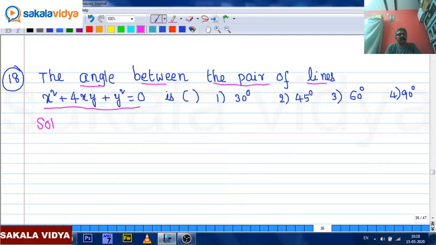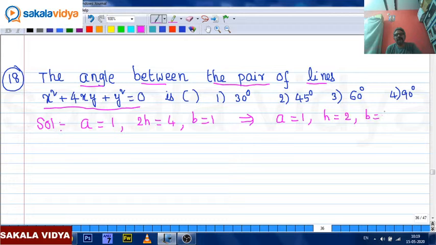Solution. Here a equals 1, 2h equals 4, b equals 1. That implies a is 1, h is 2, b is 1. So cos theta formula, but the options are acute angles, that is why we take the mod.